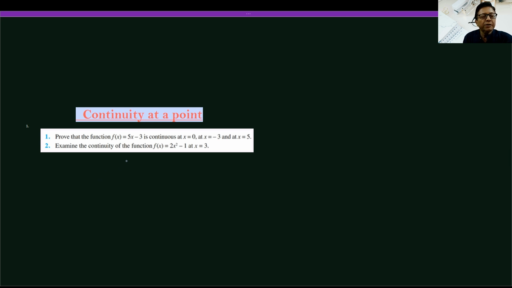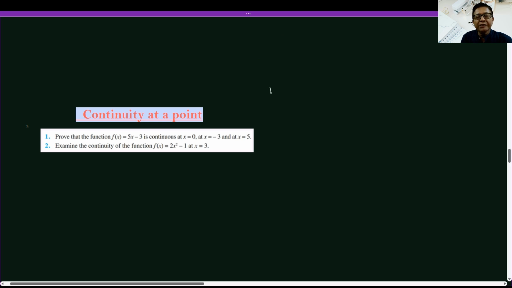Prove that the function f(x) equal to 5x minus 3 is continuous at x equal to 0, minus 3 and 5.